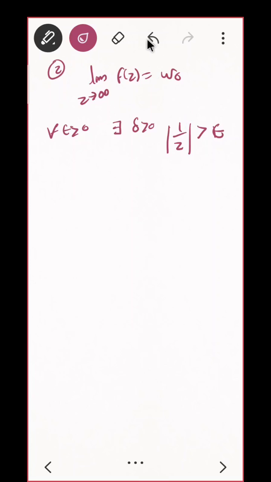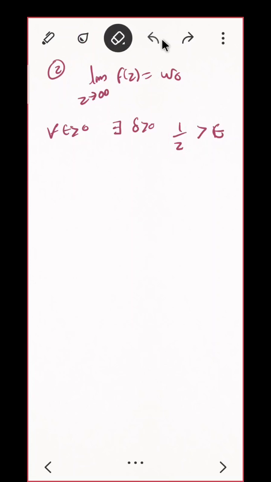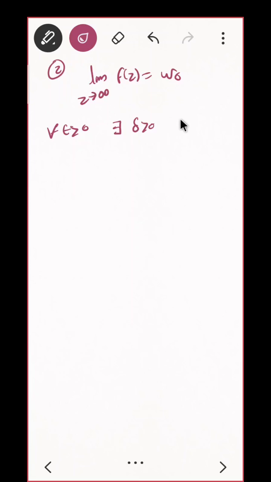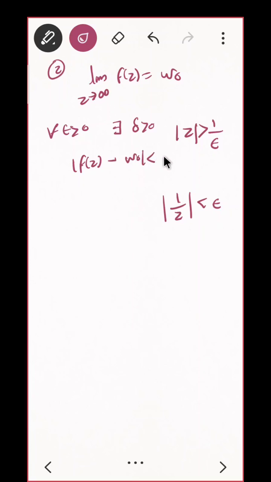No, sorry, I wrote wrongly. 1 upon z is less than epsilon. That means z is greater than 1 upon epsilon. This is what you should write here, since you are writing the definition, and mod of f of z minus w naught is less than epsilon.